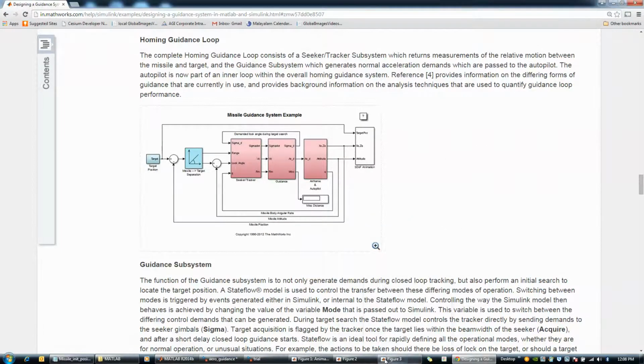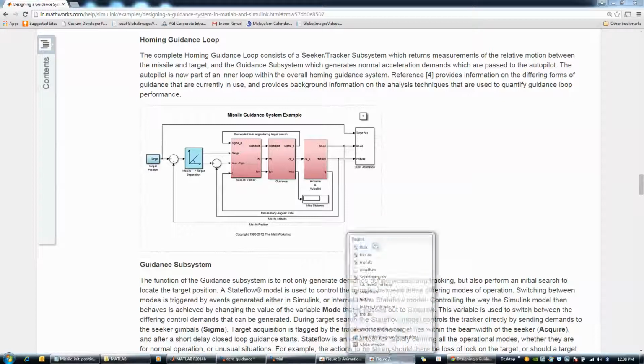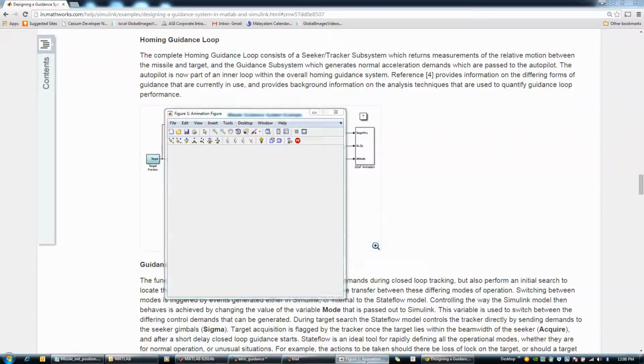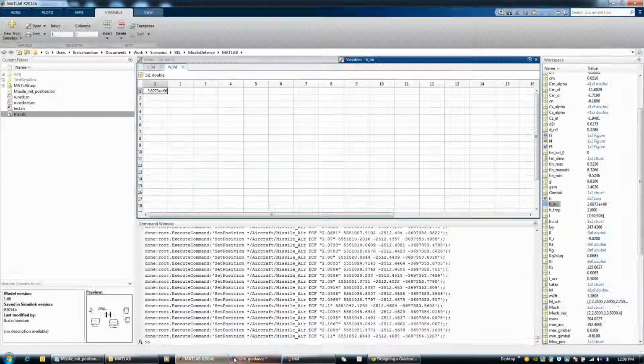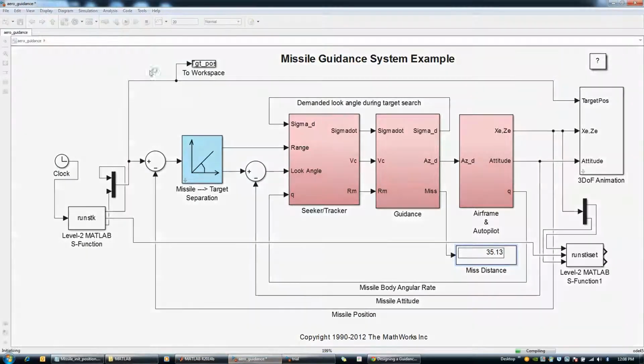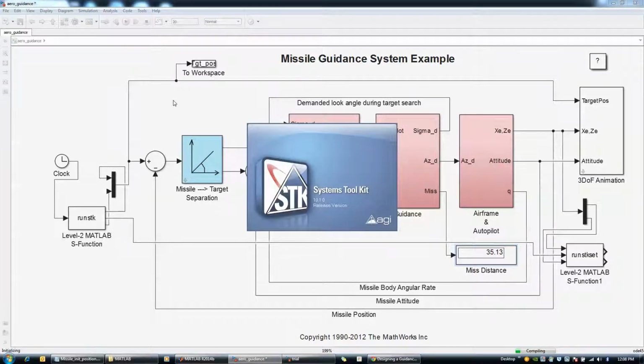and I'll close all the figures. And if I rerun it again, my missile position will be the old location, but my target aircraft is coming from a slightly different location now.